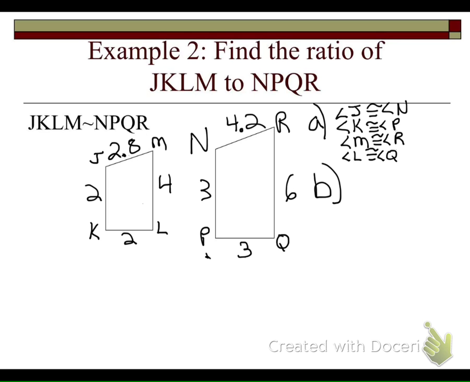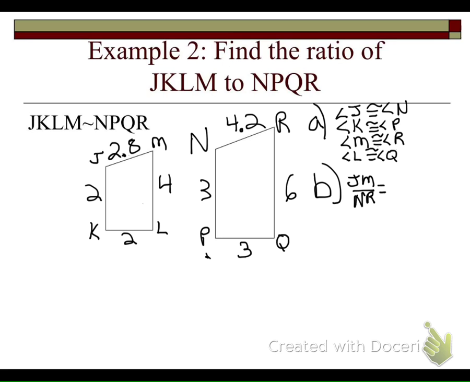For B, it's JKLM to NPQR, which means that the ones with the J's have to be on top. So I'm going to do JM over NR. Notice that they're both the top sides. Now I'm going to continue moving right.